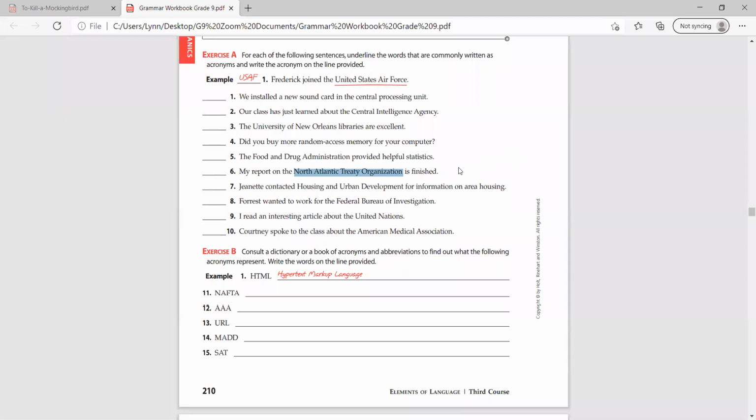Okay, so how would you write it? Remember, an acronym is just the first letters of each word. So here you would write it capital N, capital A, capital T, capital O. Yes, NATO.